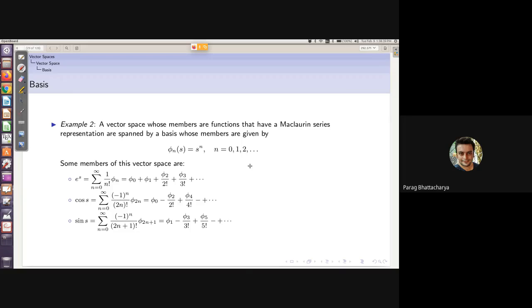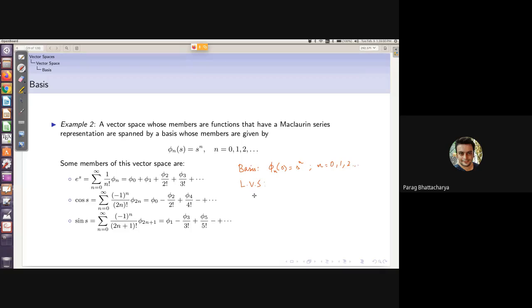So in this case, in this example, which is the basis? The basis is phi n of s, which is equal to s to the power n, where n is equal to 0, 1, 2. It's an infinite basis. And which is the linear vector space?